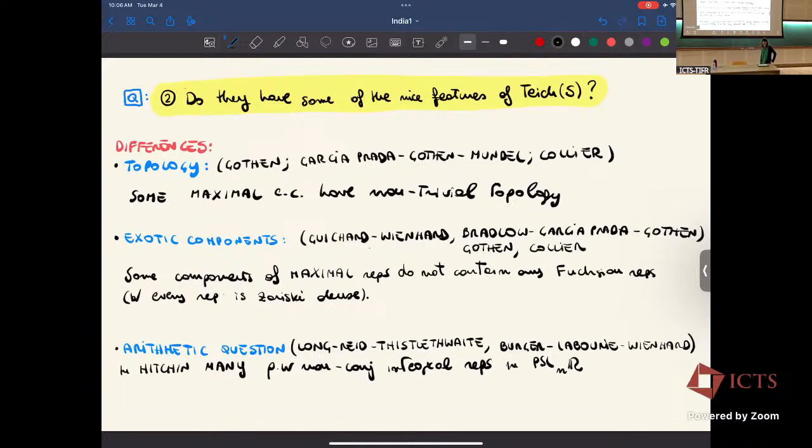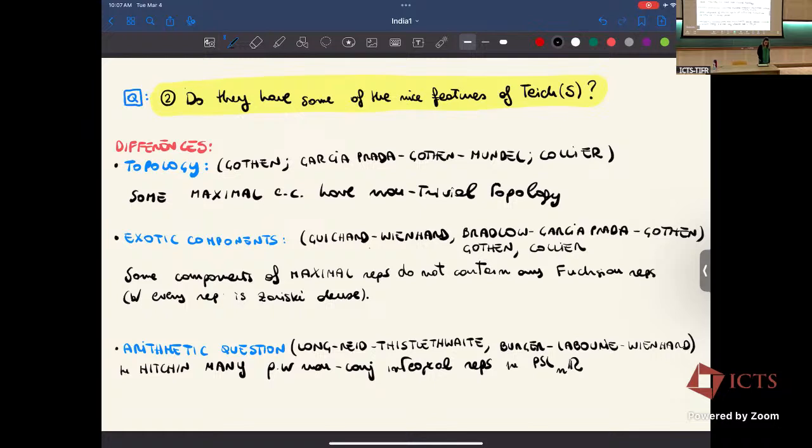Two examples really come from maximal representations, this second definition, for example in Sp4R. Some maximal components have non-trivial topology. So in some cases the topology is trivial like Teichmüller space, in some cases not.